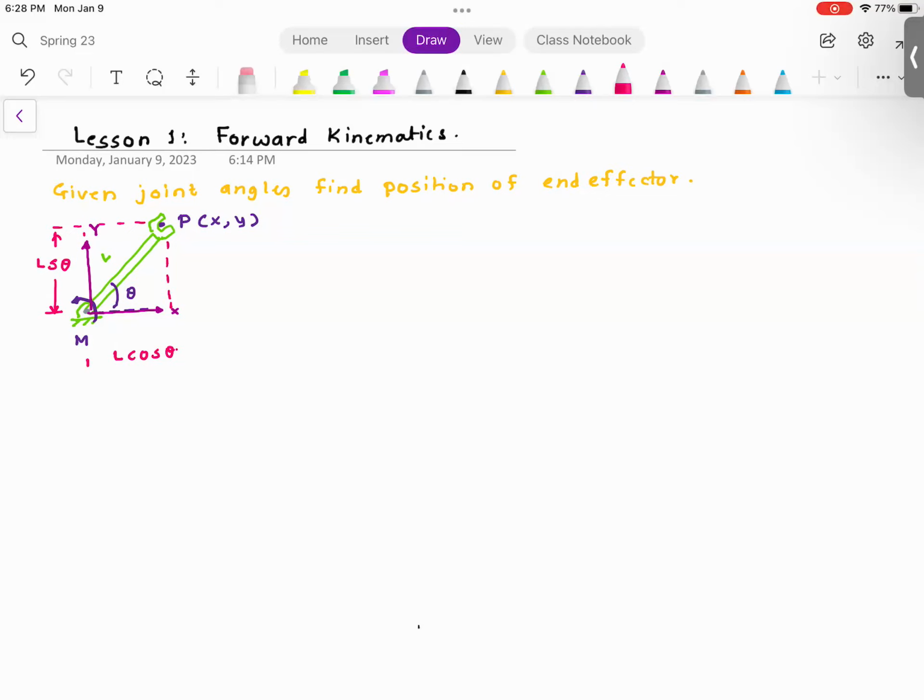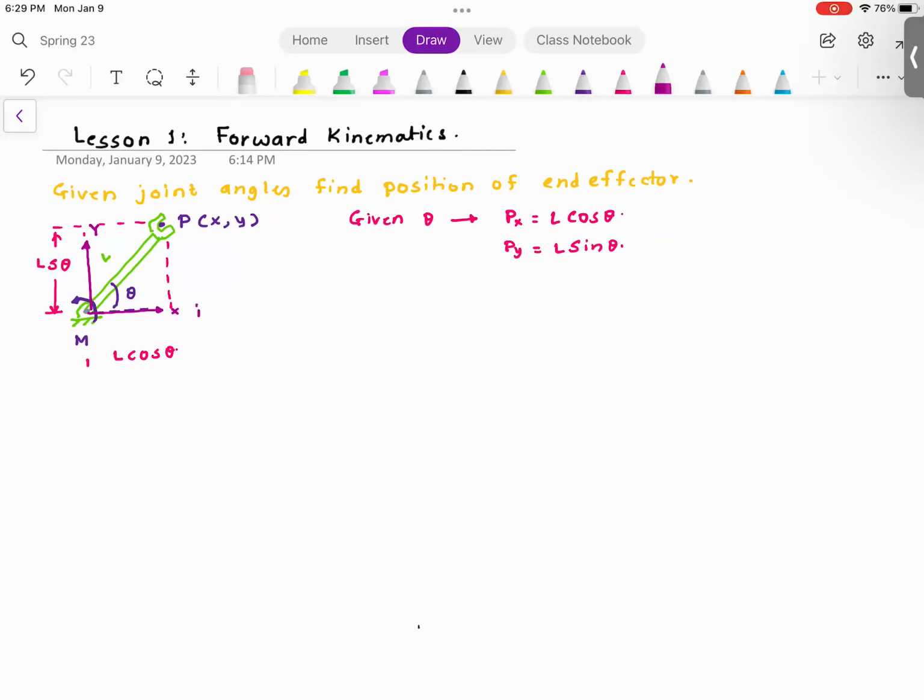So the forward kinematics problem for this is: given the value of theta, what is p of x, and the answer to that is L cosine theta, and what is p of y, which is L sine theta. Now I want to add the concept of unit vectors to it.